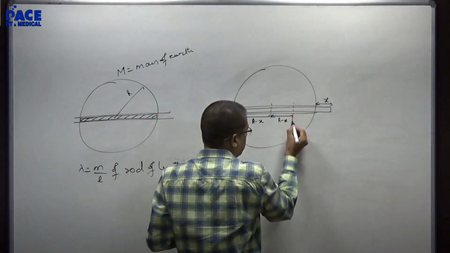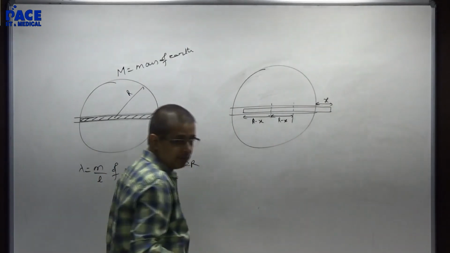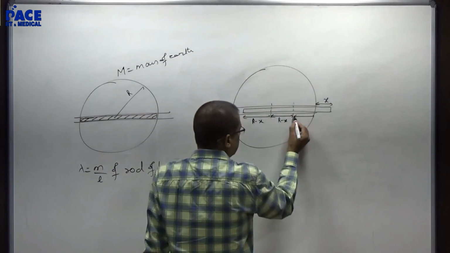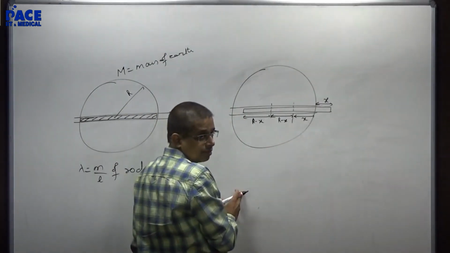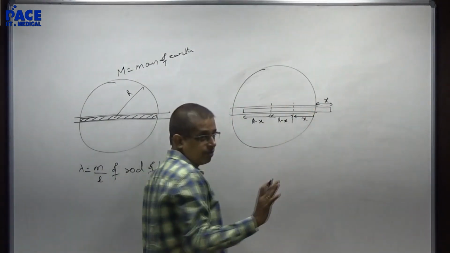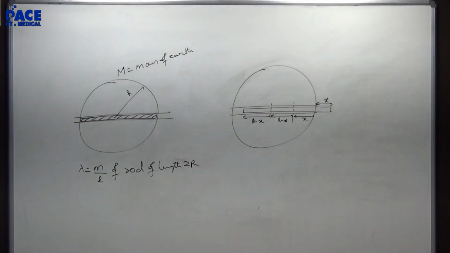Right? So I have to calculate the force on the part outside this. I'll have to calculate the force on this leftover part. What will this distance be? x, and this will be x. Now calculate the force on this x and this x. You get the answers. Add both of them. That was for a point mass.